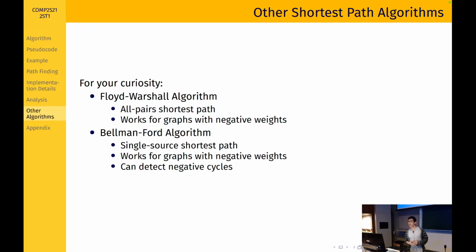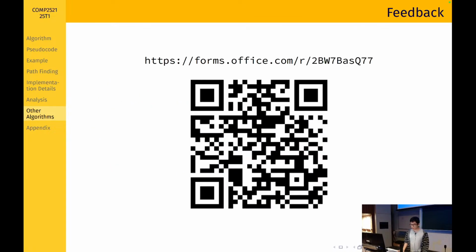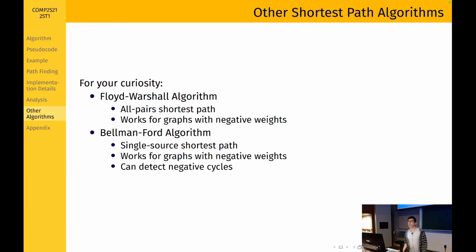And another algorithm that you might learn later is called the Bellman-Ford algorithm, and it works for graphs with negative weights, but it can also detect negative cycles. Okay, so that's it. Does anyone have any questions?